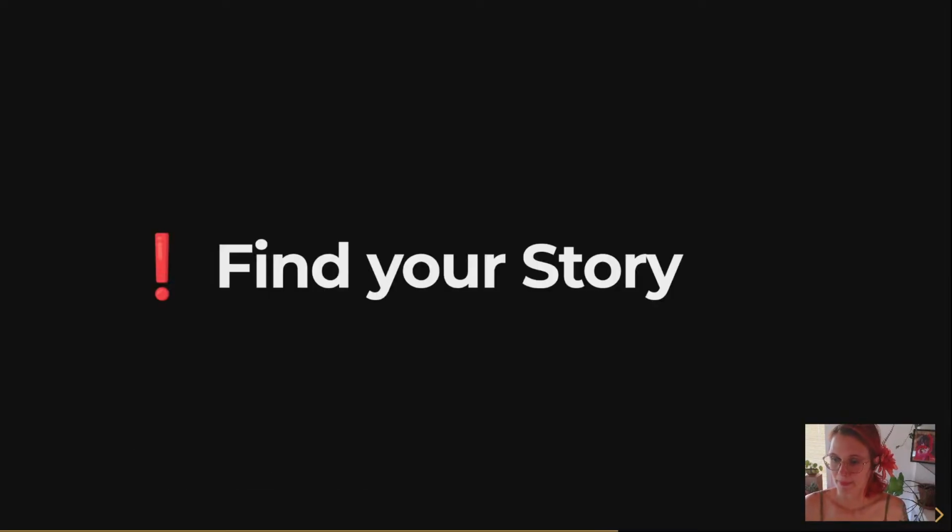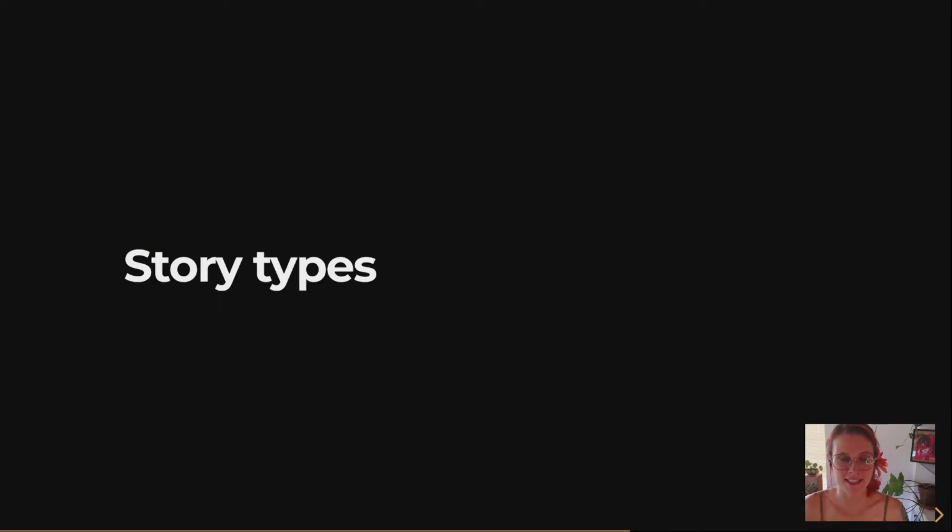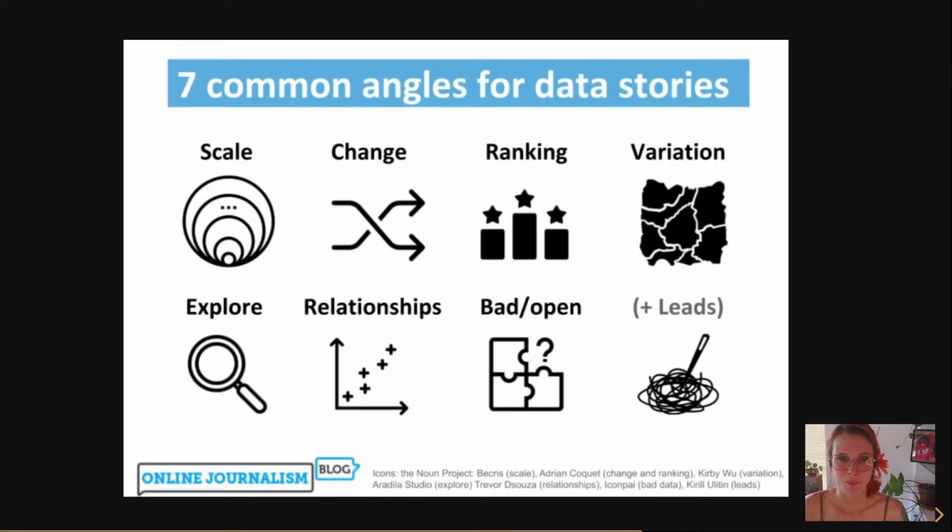All right. The second part is finding your story. And what I mean by finding your story is something I already showed you at the beginning. So we have different story types, and there is not really a consensus on how many there are, because this is 7 common angles for data stories according to Paul Bradshaw. So we have scale, change, ranking, variation, exploration, relationships.